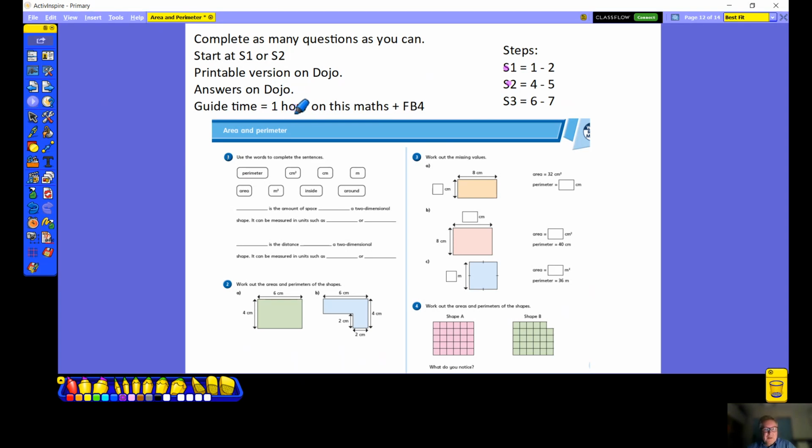So if you take the time that you've spent on it with me, which would be the length of the video plus all the pause time, you've already done quite a lot of maths and quite a lot of thinking. Build it up to an hour or so, and then the flashback for today is, in addition, the flashback takes anywhere between about 5 and 15 minutes. These are the questions that you can do in each step.